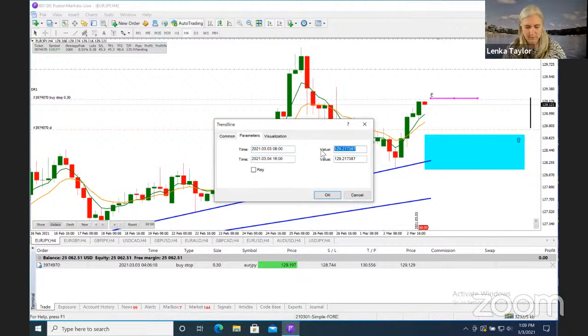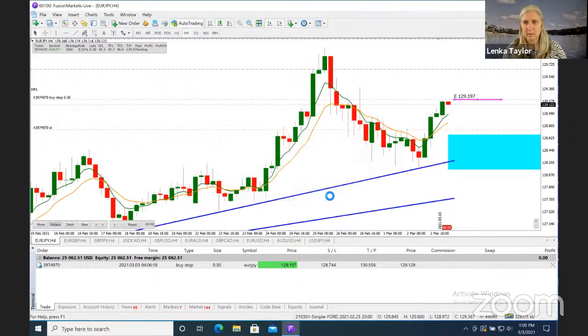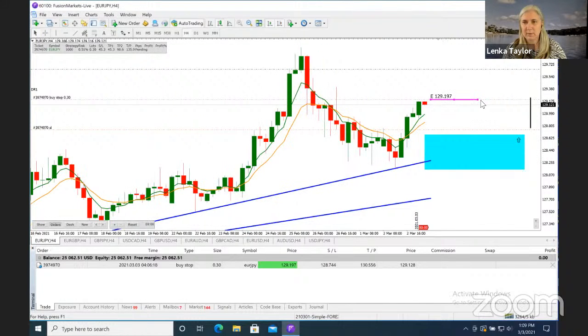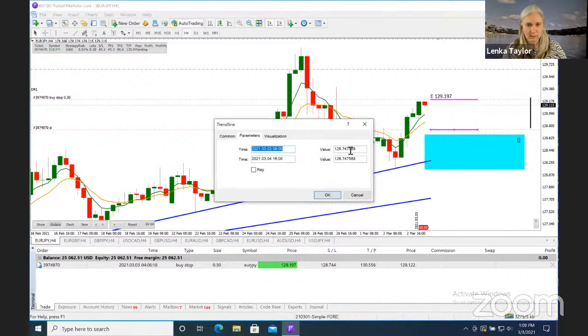So I'll put that there. Okay, so that's that one. And then stop loss is here at 108.744.